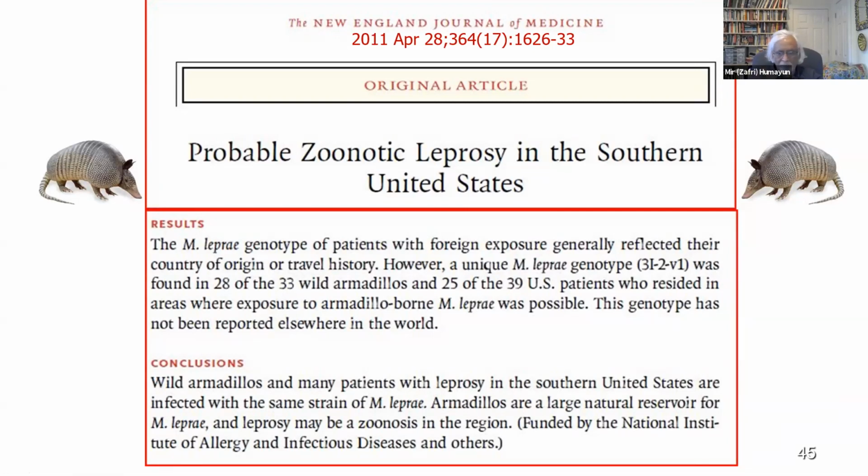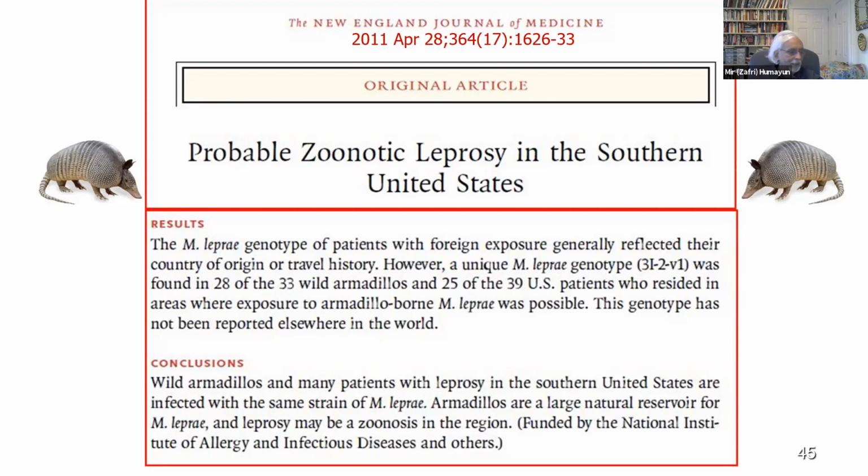A strange phenomenon was discovered in southern United States, and that wild armadillo populations had a strain of Mycobacterium leprae. The species is the same species as what infects humans, by the way, but a particular substrain of that species was found in wild armadillo.